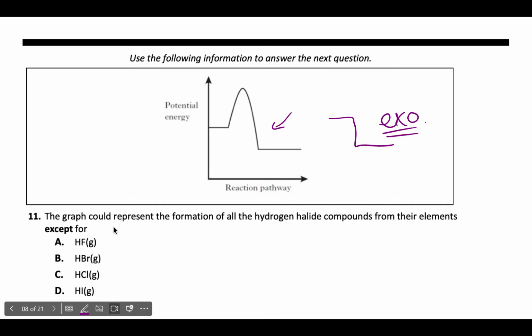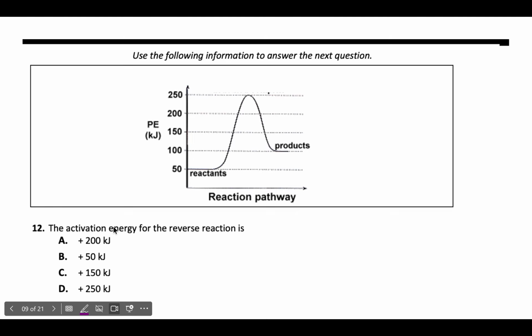So when you go through your data booklet on page 4 or 5, because it's about enthalpies of formation, if you look up hydrogen fluoride, it has a negative enthalpy. Hydrogen bromide and hydrogen chloride are also negative. Hydrogen iodide is the only one that's positive. So hydrogen iodide, being endothermic, would have a different shape. So this one is D. A, B, and C are all represented by that diagram.